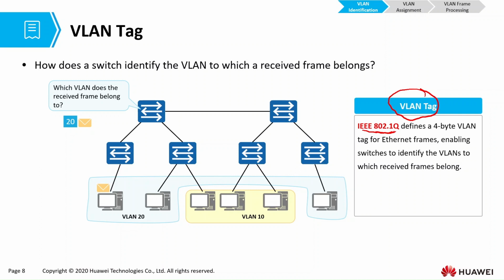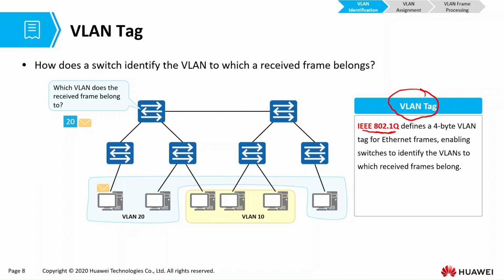So if the switch receives your frame together with a tag of 20, the switch will know it only needs to forward the data to VLAN 20 only. But for VLAN 10, it will not forward the data.